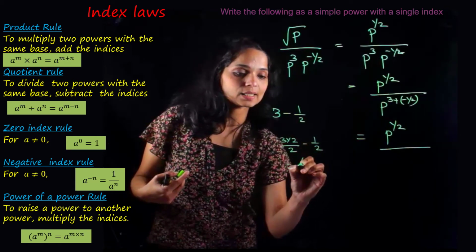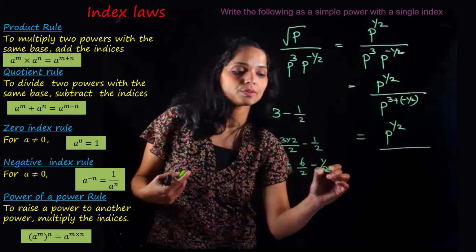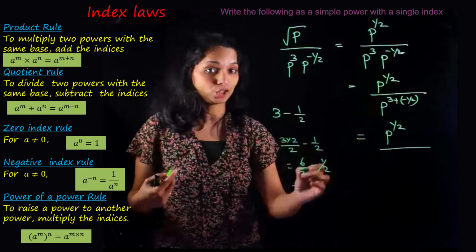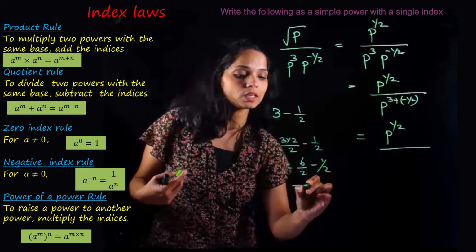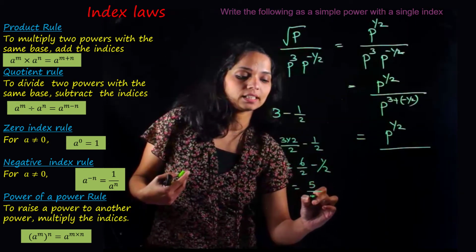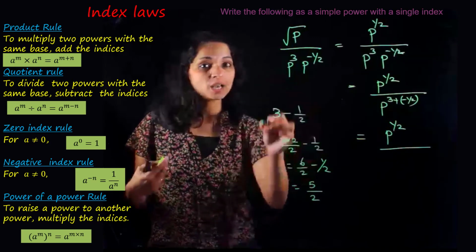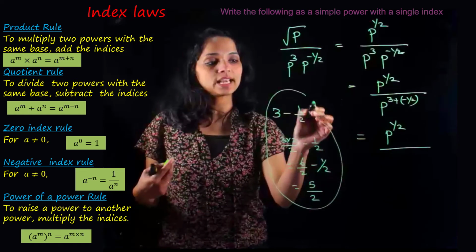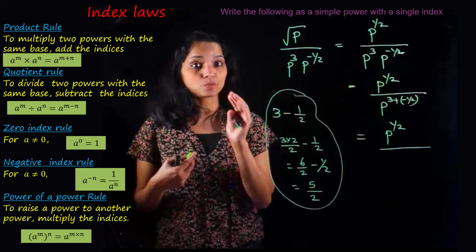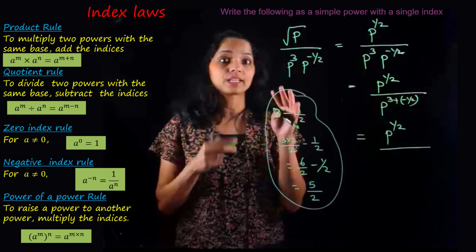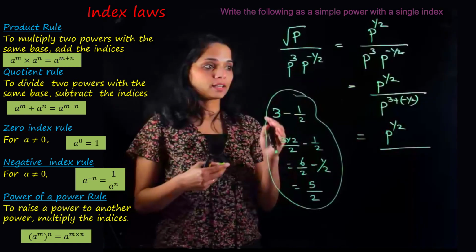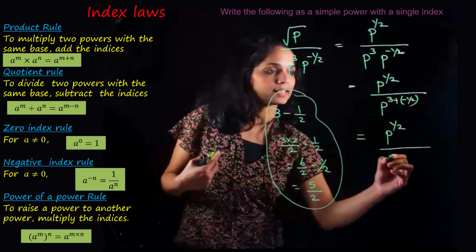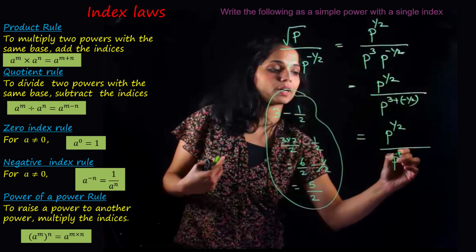That's 6 on 2 minus half. Now both have the same denominator, so we can subtract the numerators: 6 minus 1 is 5, and keep the denominator the same. That's how we perform the subtraction. If you're not familiar with this, I strongly encourage you to learn it. This is one of the basic operations that you should definitely know, so stay on top of that. So this is nothing but p to the power 5 on 2.